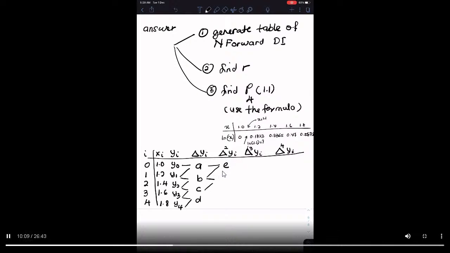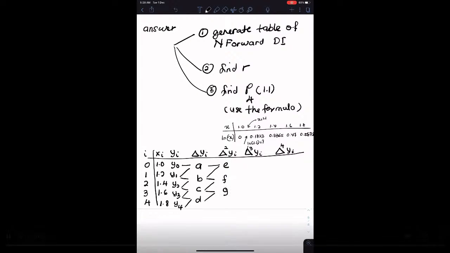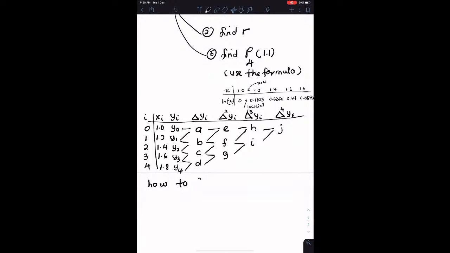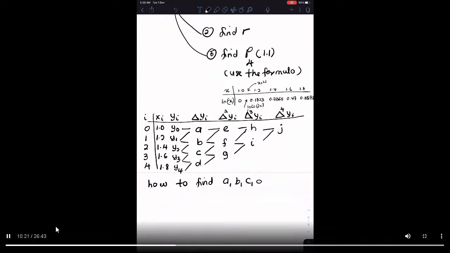I put in labels A, B, C, D, E, F, G, H, I, J. A is y1 minus y0. B is y2 minus y1. C is y3 minus y2. D is y4 minus y3. There is no division.